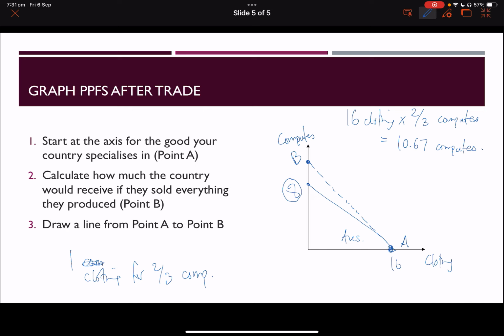If the question then perhaps asks you to graph a particular point on the PPF, that could be a task you're able to do. Let's assume that Australia decides to only sell 2 units of clothing in exchange for some computers, and we're required to graph that on the PPF. What you need to do there is multiply 2, which is the number of pieces of clothing, by the terms of trade, which is 2/3, and that's going to give us, let's have a look, 4/3.